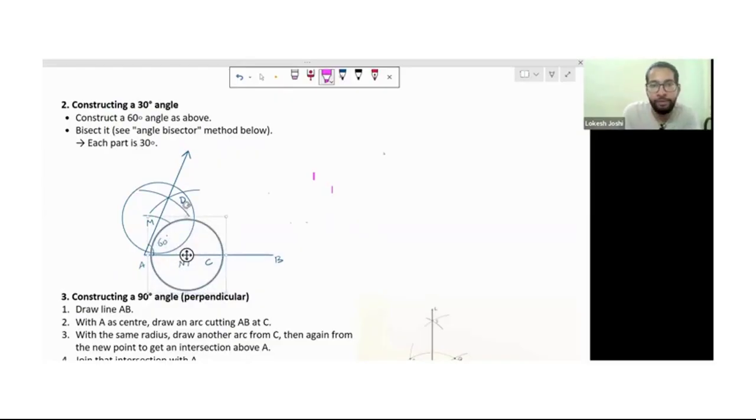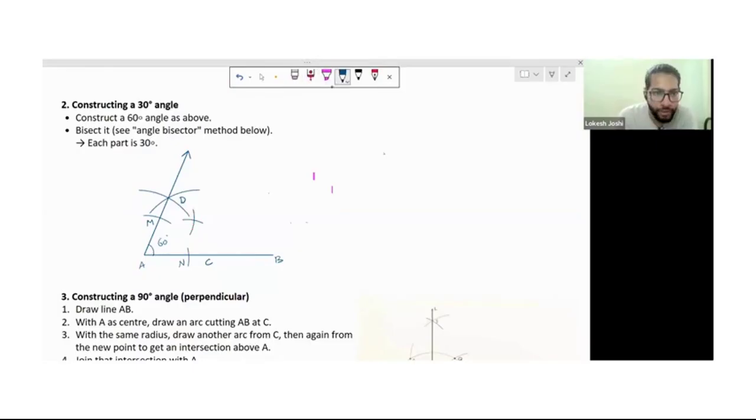After that, the point where they intersect each other, this point. Let me erase all the things so that it will be easy for you. They intersect at this point. That's the point I am trying to show, this one.